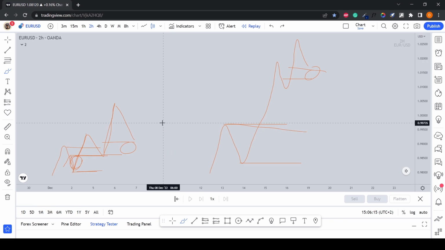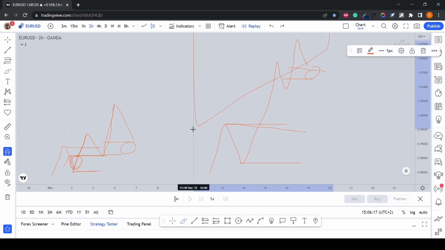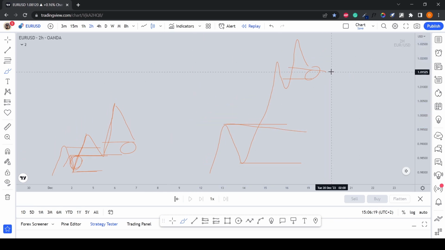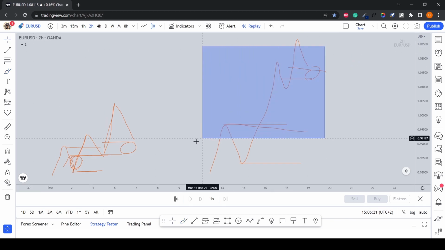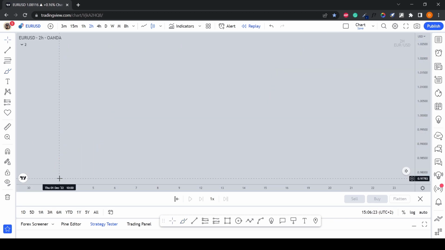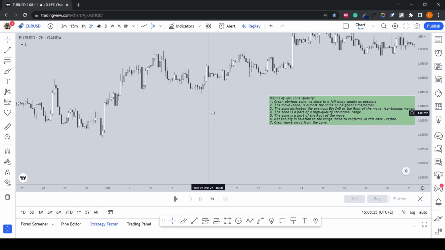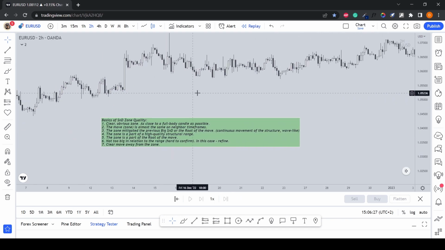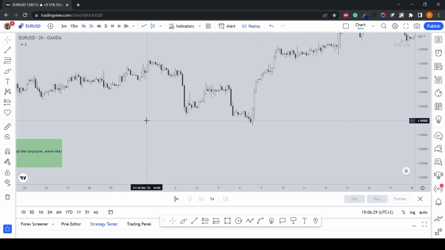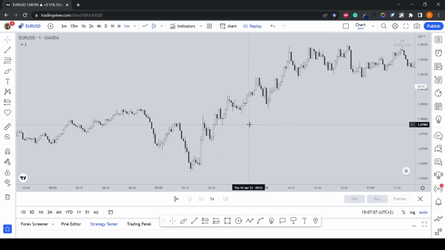So now let's switch to a real chart and try to find this wave-like movement on the real chart. So this wave can be a good example.